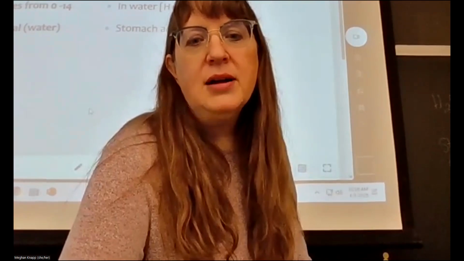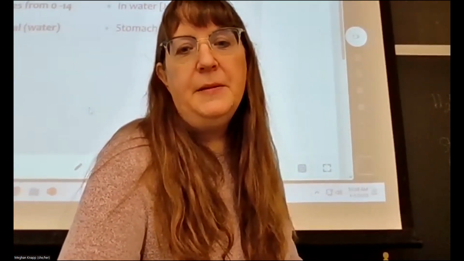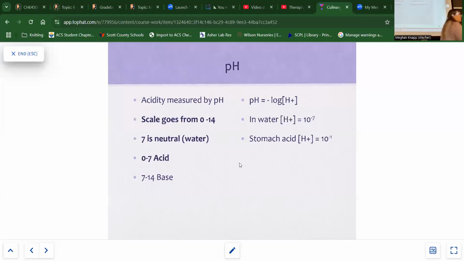So we can approximate that pH by looking at the exponent, but if we had something other than 10 to the, like if it was 9.5 instead of 9, then that would change how that would work. So that's why we actually have the formula. Okay, so in this case, we said 10 to the minus 1 was 0.1. That's why that showed up on the calculator. The pH was equal to negative log of 0.1, and that was 1.